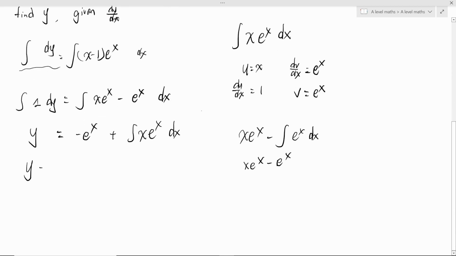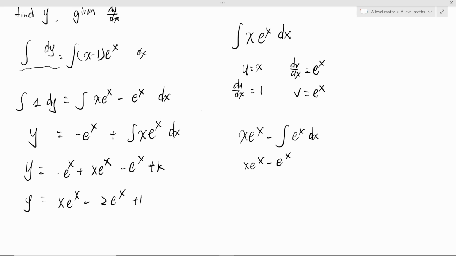To combine our equations, we have minus e to the x plus x e to the x minus e to the x. Don't forget a constant, I nearly did. So y is x e to the x minus 2 e to the x plus some constant k.